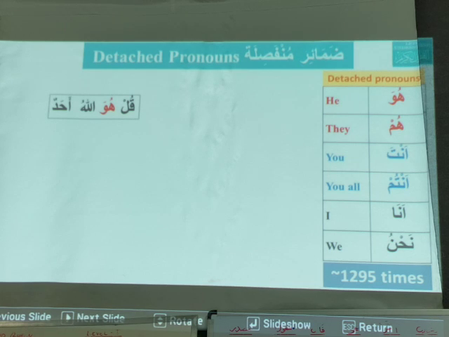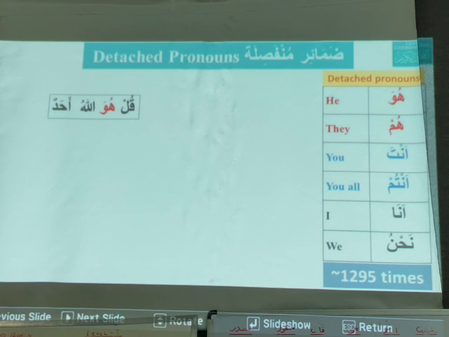We would do a lot of practice, because these words have been used in the Qur'an a lot. If you learn these six words, they have come in the Qur'an about 1300 times, more or less.